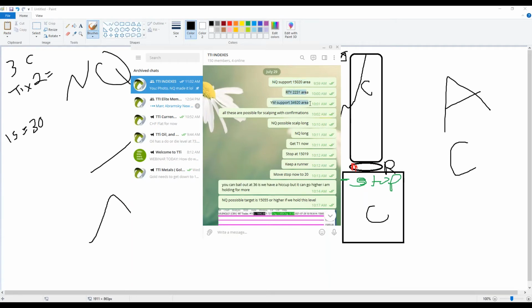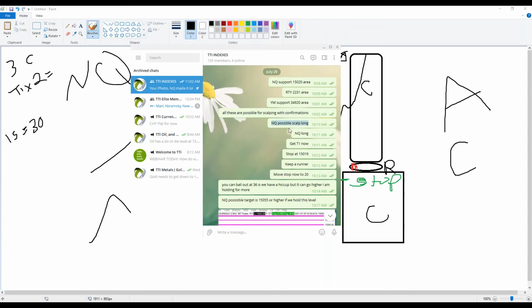RTY this, YM this, I gave them. This is at 10 a.m., 9:59 to 10:01. And I said all these areas are possible for scalping with confirmations. So I'm anticipating the move up on all 3 contracts at these levels, but I am waiting for confirmation.